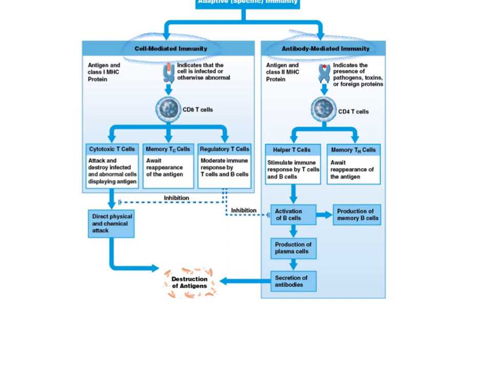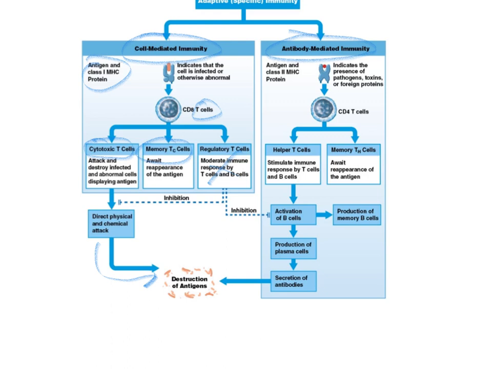We said there were really two wings of the adaptive immune response. There was the cytotoxic side, and there was the antibody-mediated side, or cell-mediated and antibody-mediated. So when you get antigen presentation, that's going to activate T cells. Those T cells are then either going to become cytotoxic and actually directly kill the antigen cell, or they're going to form memory cells, and we didn't really talk about the regulatory T cells.